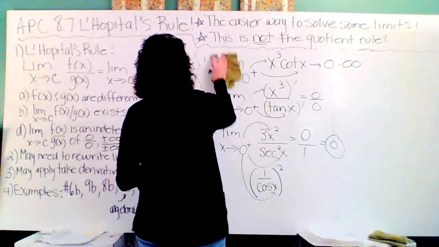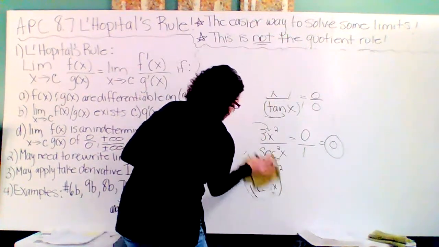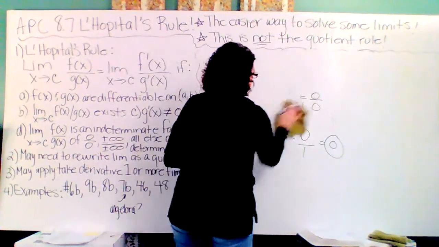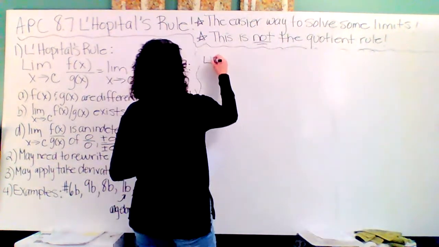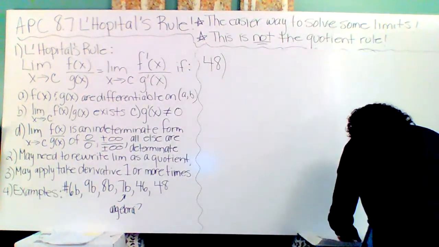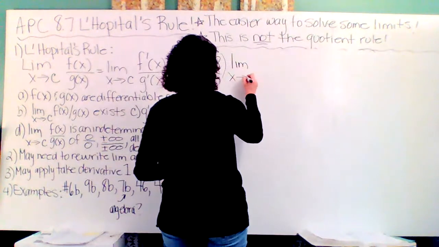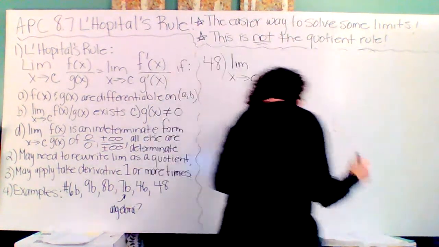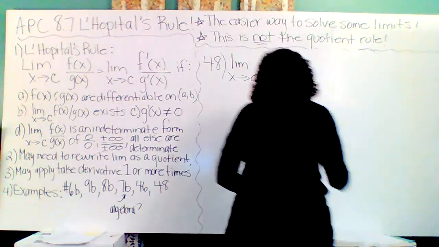Last one, number 48. Okay, on number 48, let's see. The limit as x approaches infinity of x times tangent of 1 over x.